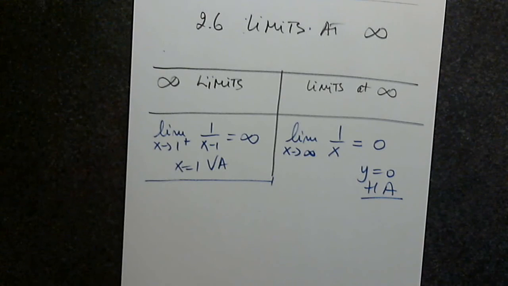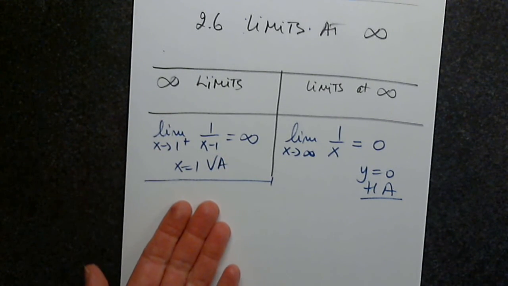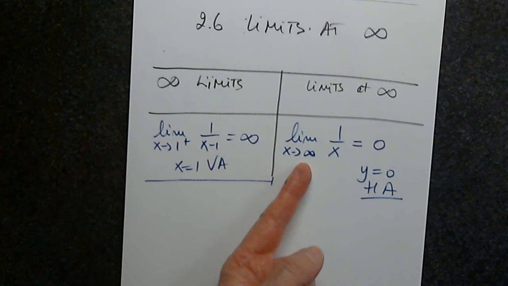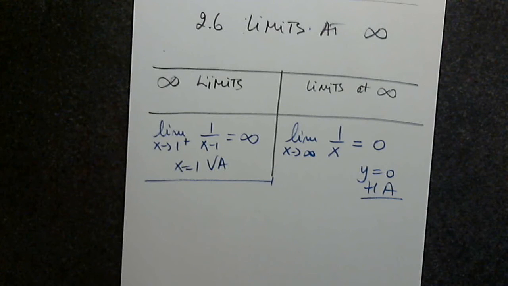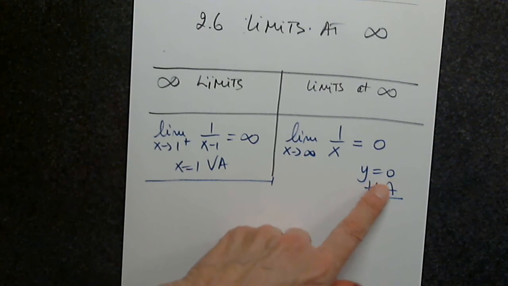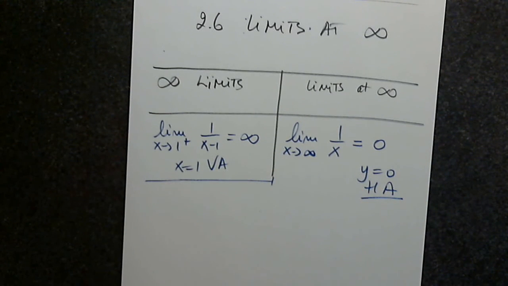Now, the first limit, when the answer is infinity, we're thinking in terms of vertical asymptote. The second one, when x approaches infinity or negative infinity, we're talking about the end behavior. If that is 0 or 5 or 10 or 1/2, then that will be y equals 1/2, y equals 0, y equals 10, whatever I get here, horizontal asymptote.